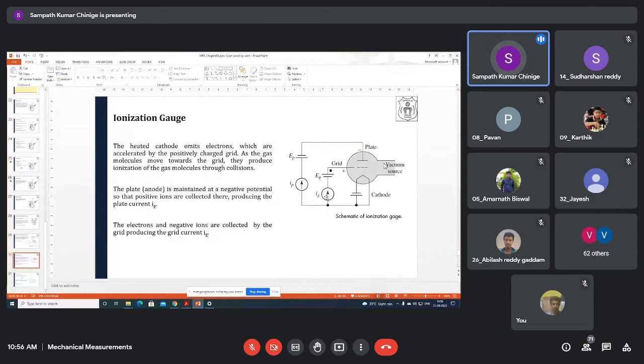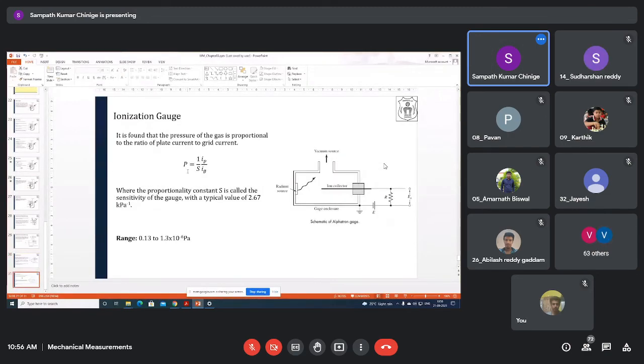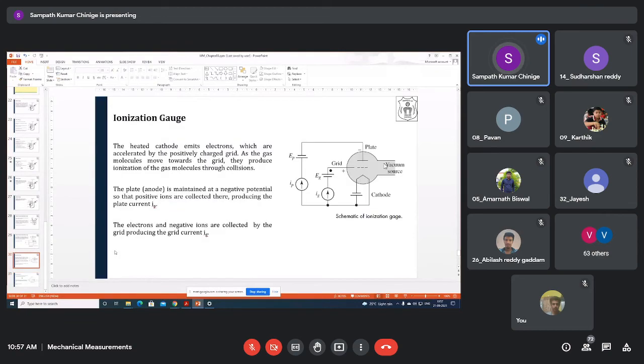Correct. So based on these currents, we will be able to find the pressure from this expression: pressure equivalent to IP by Ig. But we have to find out this S. How do we find it? If we know the pressures upfront, you keep the known low pressure or known absolute pressure within this chamber by a suitable device.